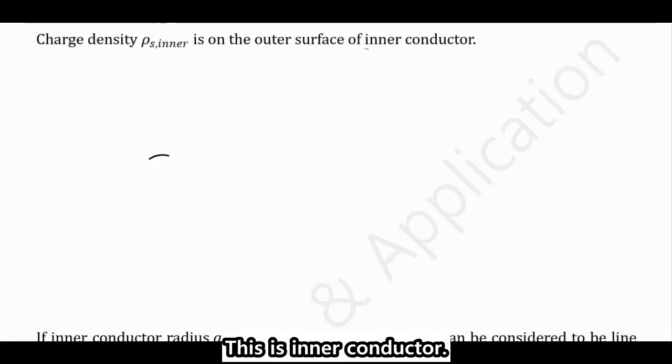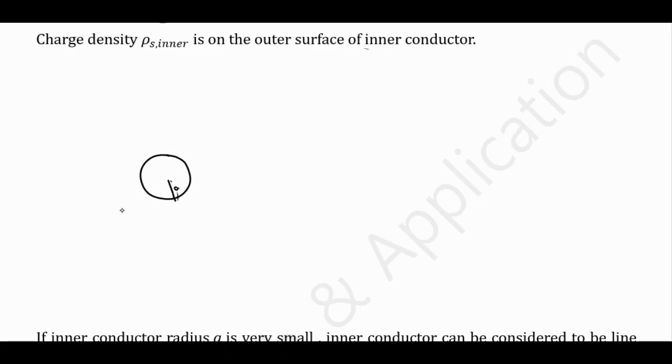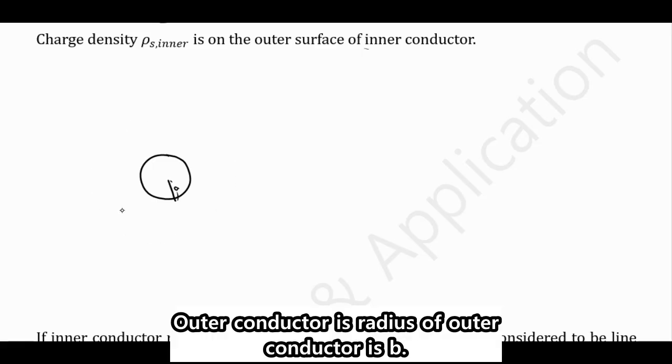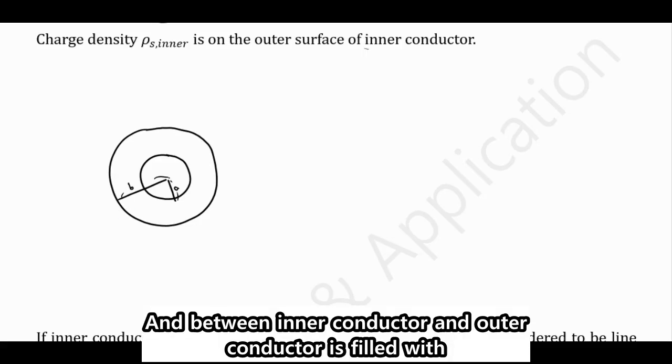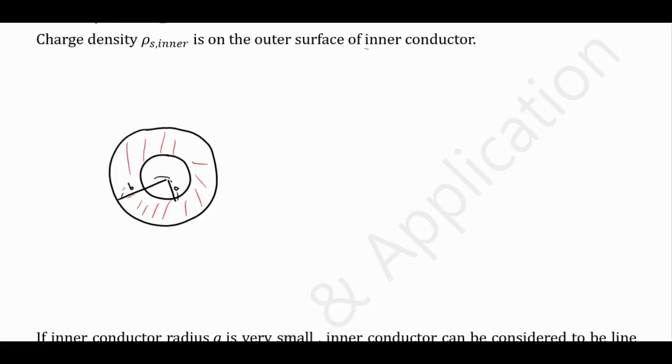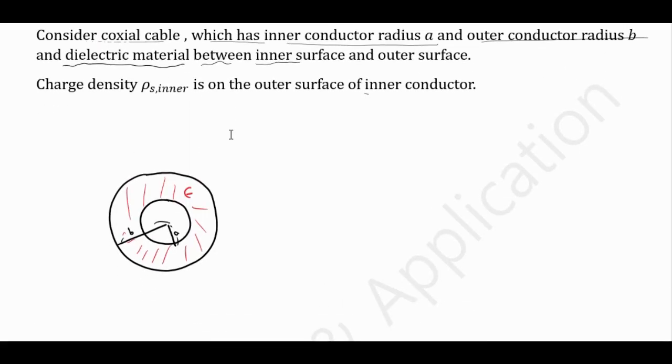This is the inner conductor, and this radius is a, and the radius of the outer conductor is b, and between the inner conductor and the outer conductor is filled with dielectric material, and this is a coaxial cable.